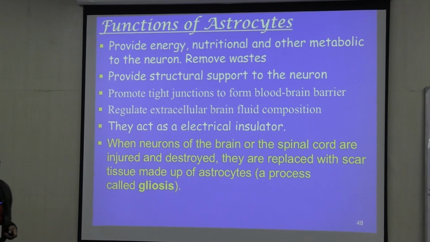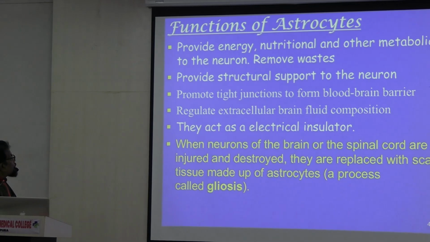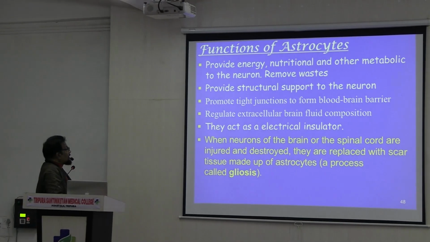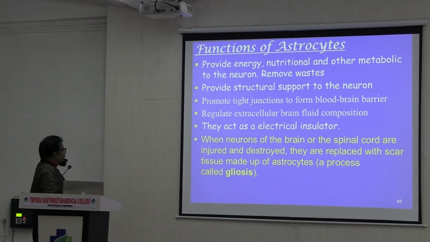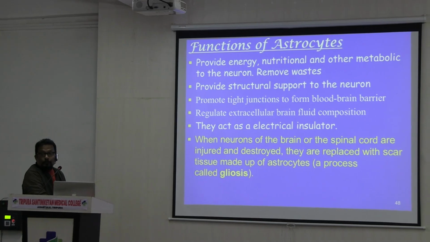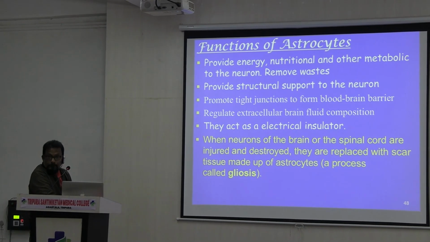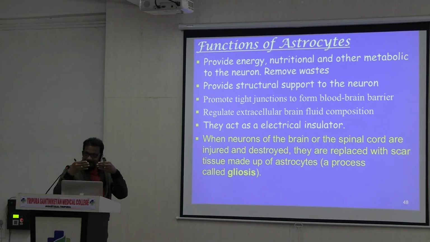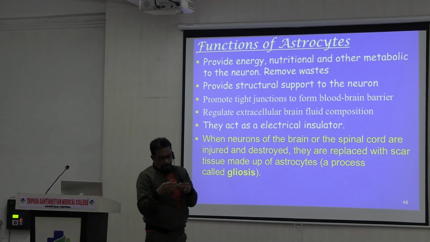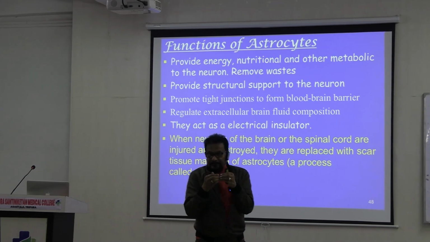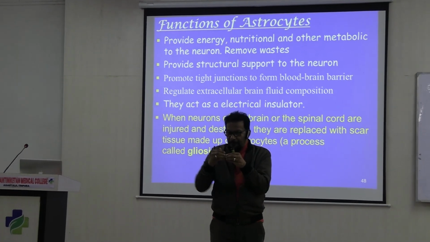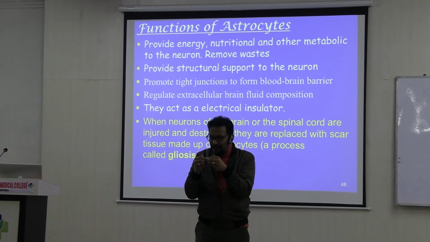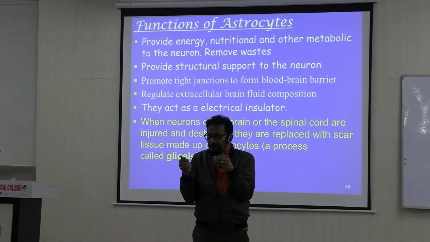What are the functions of the astrocytes? Provide energy, nutrition, and metabolic support to the neuron, remove wastes. Metabolic waste is also removed by the astrocytes. Provide structural support to the neuron, promote tight junctions. With tight junctions between the epithelial cells, by pressure or by some means we cannot separate them.